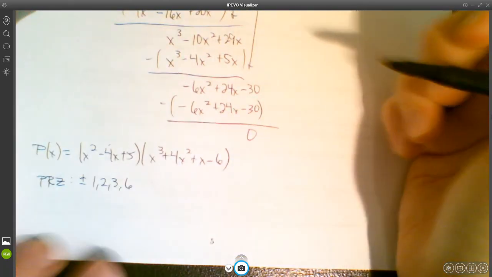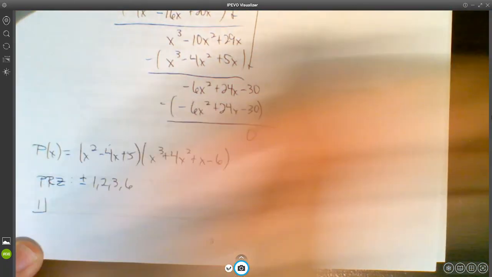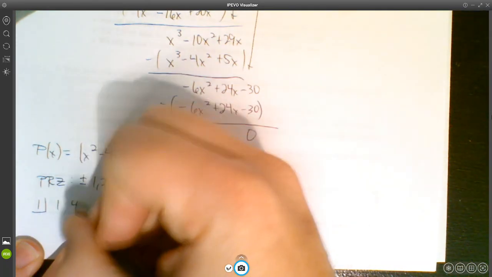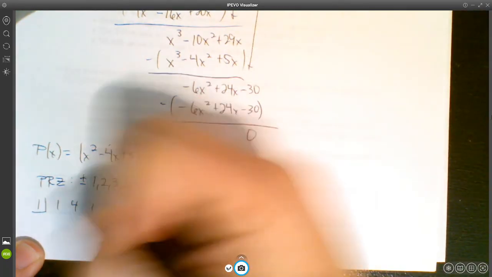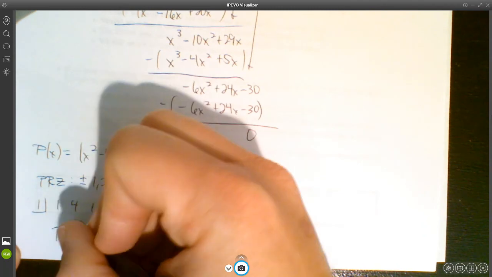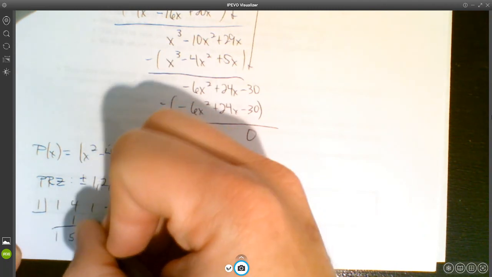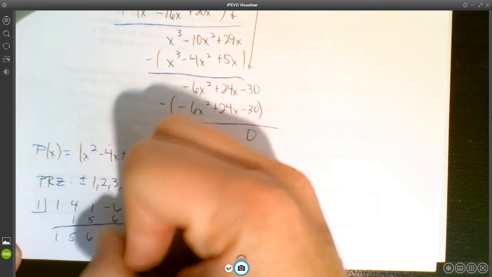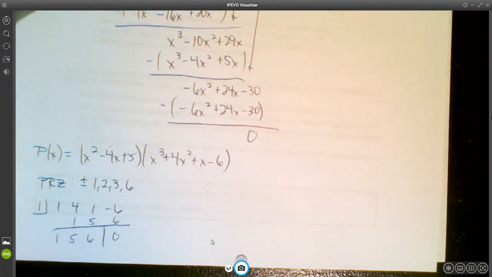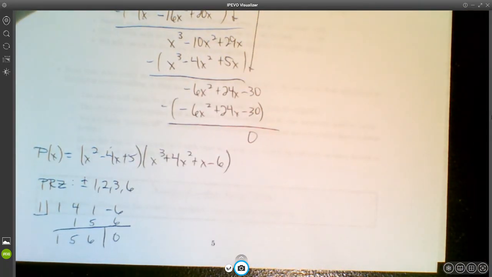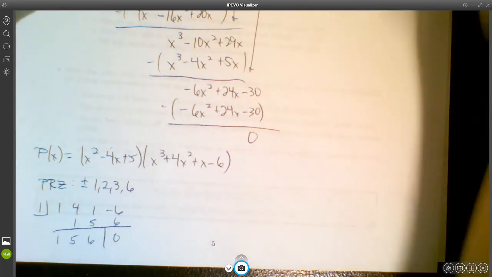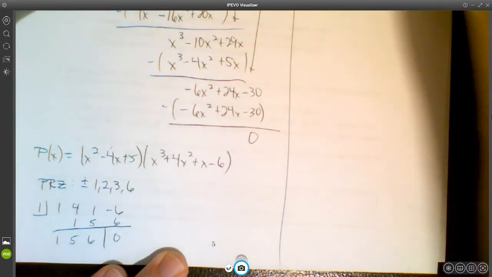So let's start to test. I'm going to test 1 first. 1, 4, 1, negative 6. 1, 1, 5, 5, 6, 6, 0. Look at that. Okay. I'm running out of space, so I'm going to come back over here to the side of my paper.